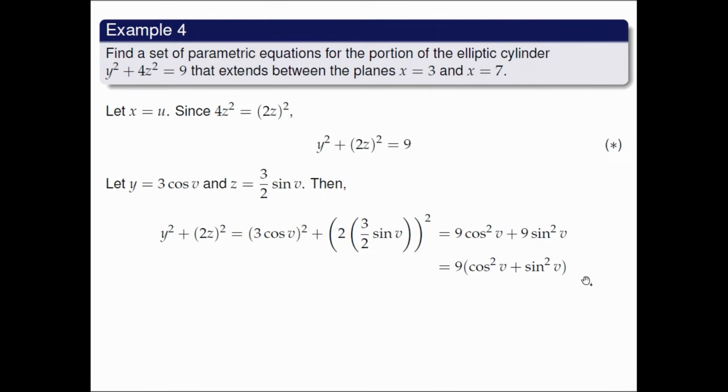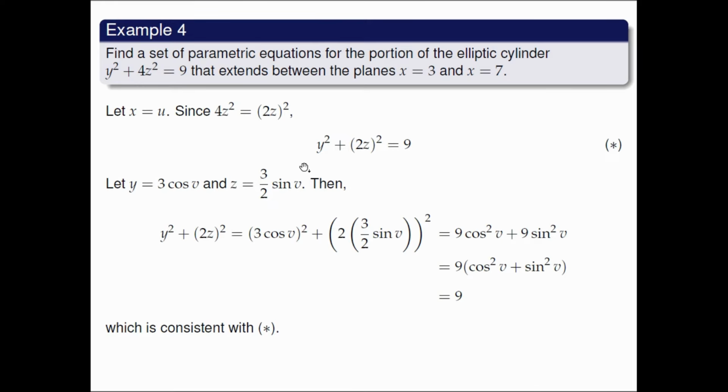And since cosine squared v plus sine squared v equals 1, then y squared plus the square of 2z is equal to 9. This is consistent with this equation. So we can use these equations for our parameterization.